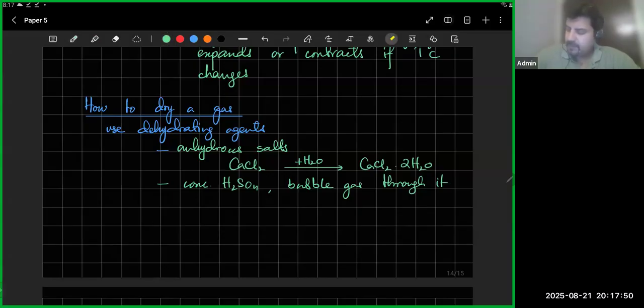For example, let's say this is a test tube. So drawing is very important. They're going to ask you to draw this. It's a very simple thing, but people make mistakes with this. So your delivery tubes have to be placed like this.